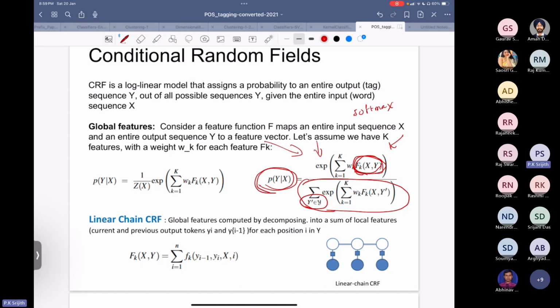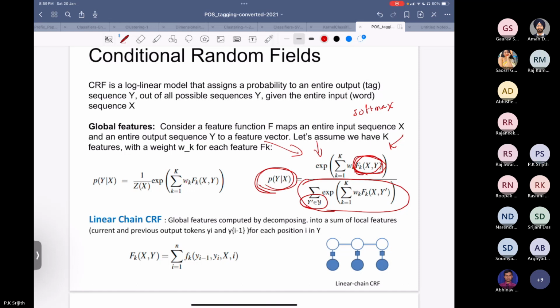As we have seen before, this summation requires exponential time, as you need to perform summation over a very large number of sequences, which makes the computation of the probability intractable. To make it tractable, the conditional random field uses some particular tricks.